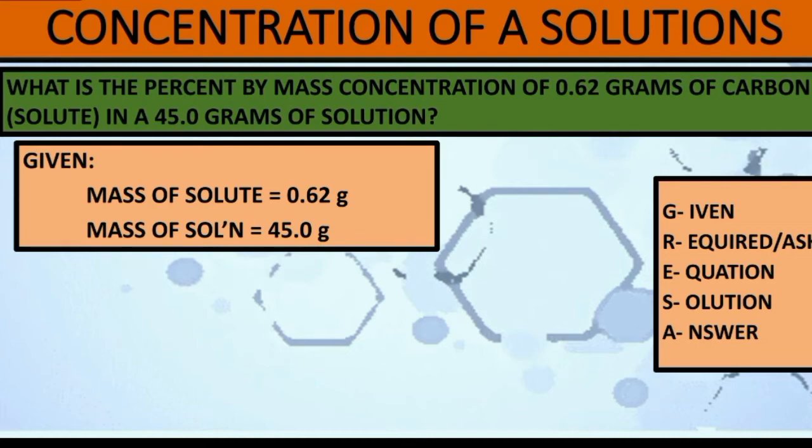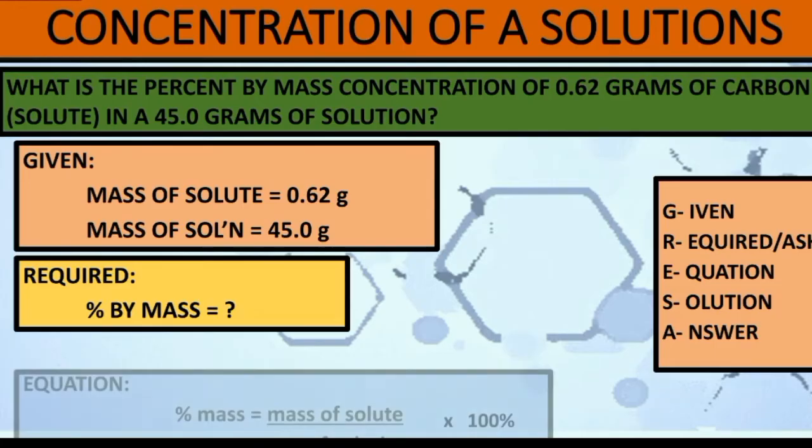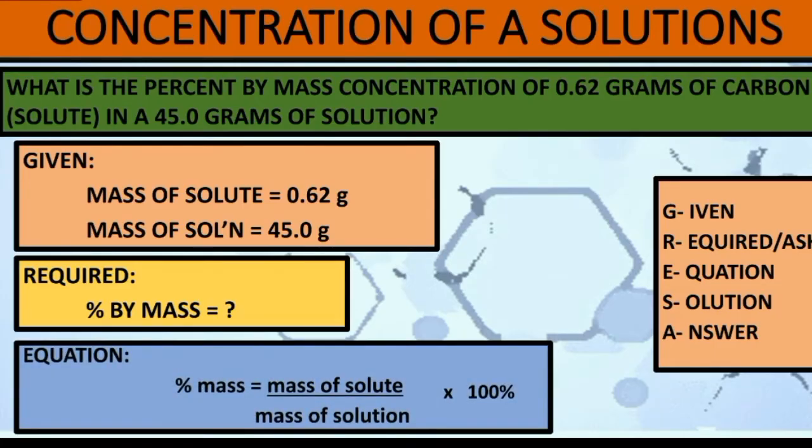Based on the question, it asks us to answer the percent by mass of the concentration. So the percent by mass here is unknown. Next, we have the equation. As mentioned a while ago, our equation here is percent by mass is equal to mass of solute over mass of solution times 100%.